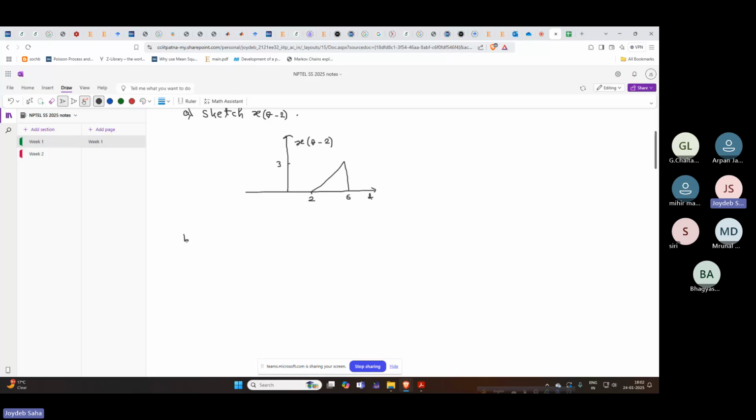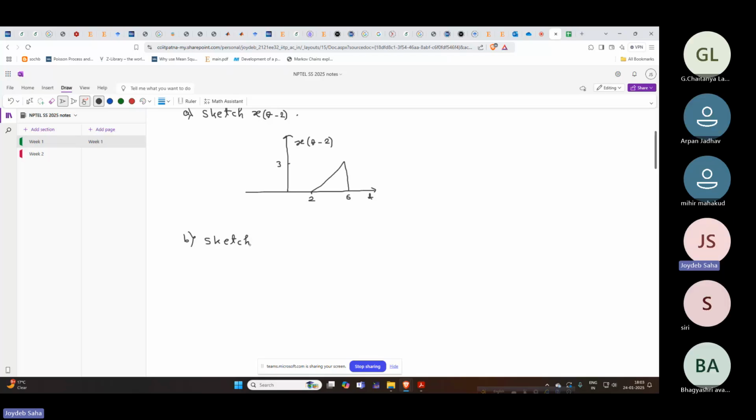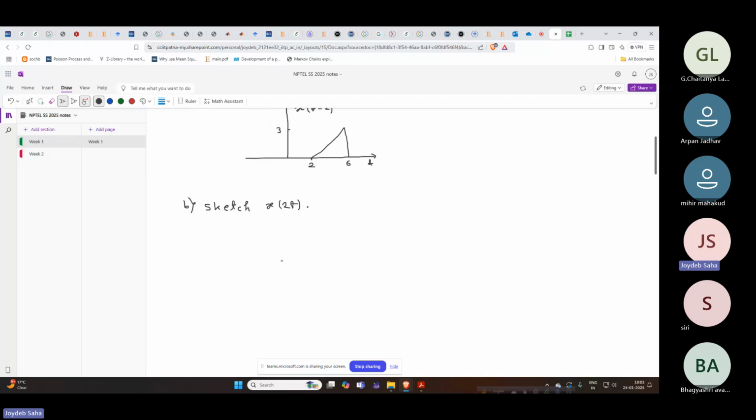Part B of question 1. Sketch x of 2t. Okay, so how will it look like?